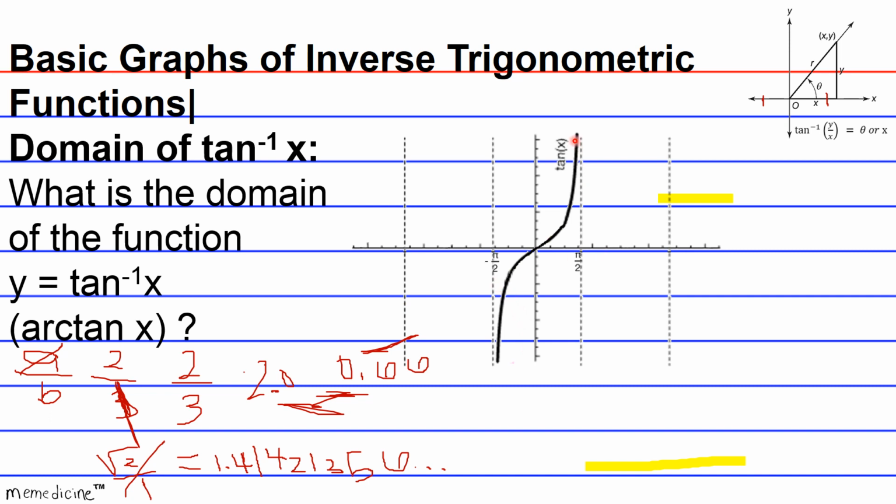And if you compare the graph of the arctan to the tangent, you can see that one can be gotten from the other by interchanging the horizontal and vertical axes, which is another way of saying switching all the x and y values, okay?